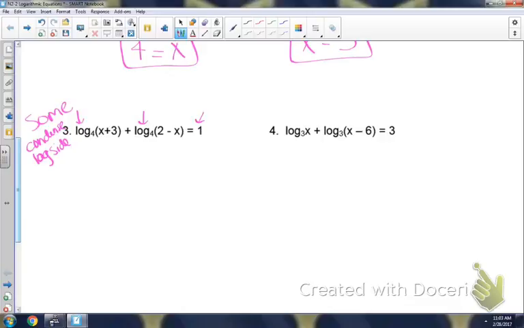When I condense, I'm adding and the bases are the same, so when I condense into 1, I multiply them. So I should have log base 4 of x plus 3 times 2 minus x. I need to multiply those. That equals 1. Once I have condensed, then I'm using around the world to change it to exponential and get rid of the log term.